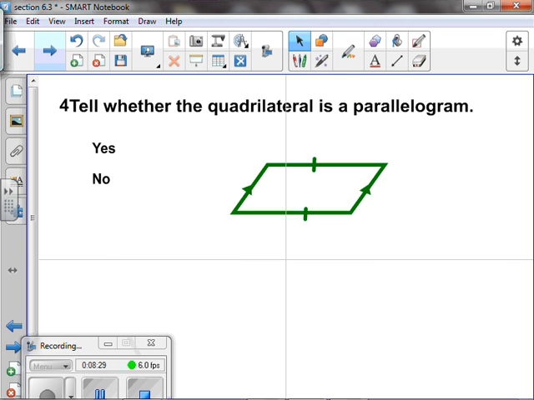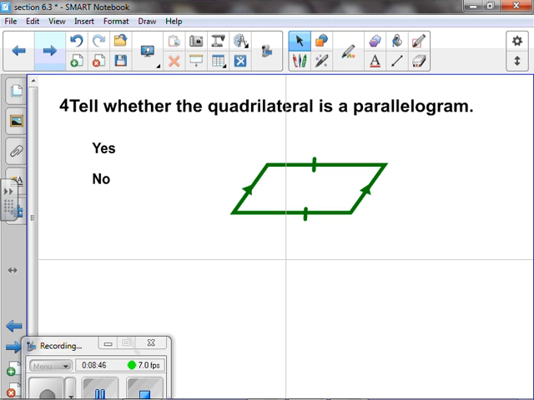Moving on. Tell whether the quadrilateral is a parallelogram. I want you to use what we have just learned, and I want you to think about, is this covered by a theorem that we've learned?